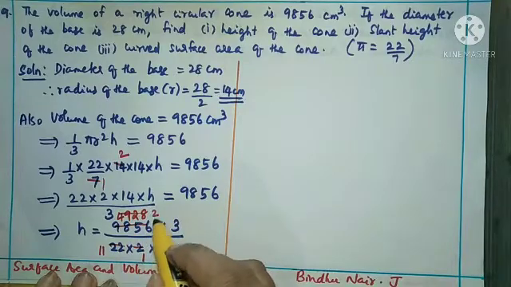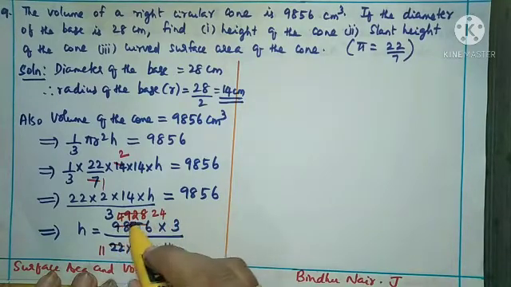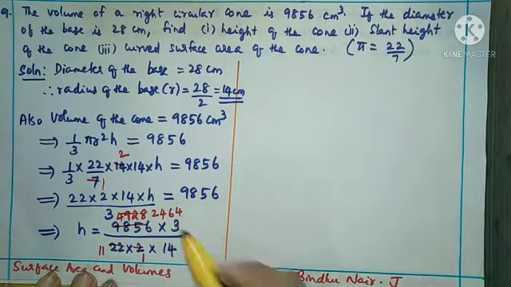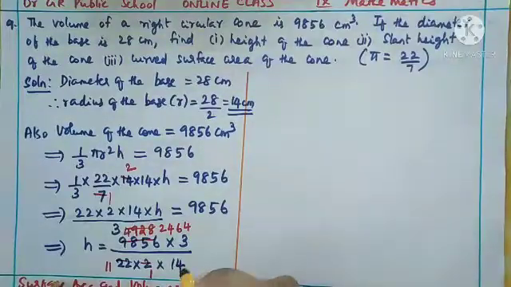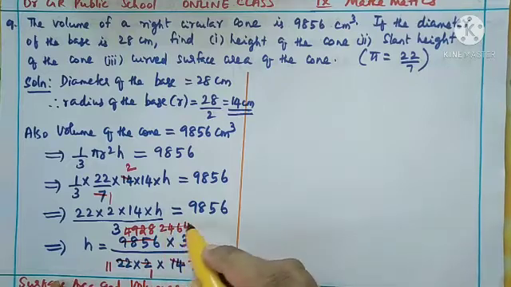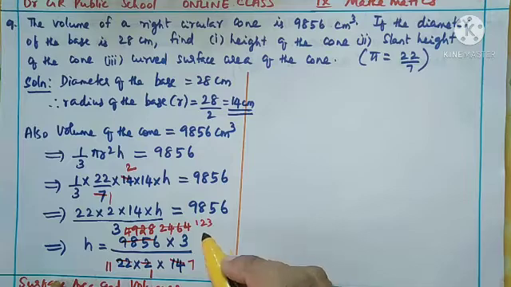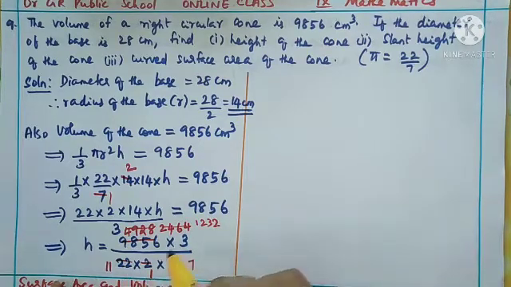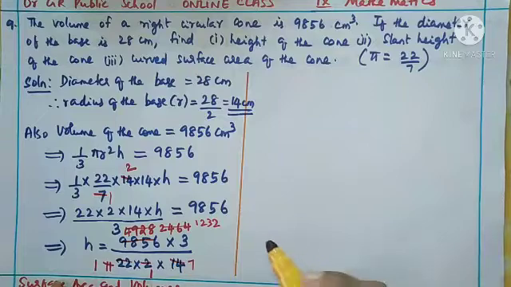Here 2 2s are 4, 4 2s are 8, 6 2s are 12, 4 2s are 8. Okay. Let's now reduce these two numbers by again 2 tables. 7 2s are 14. Here 1 2 is 2, 2 2s are 4, 3 2s are 6, and again 2 2s are 4.